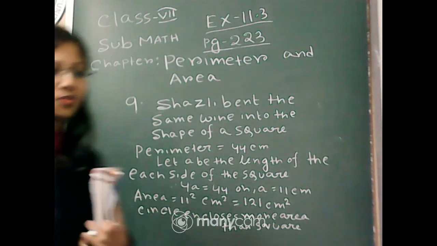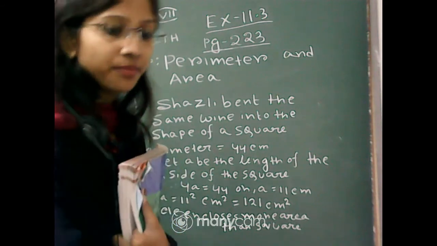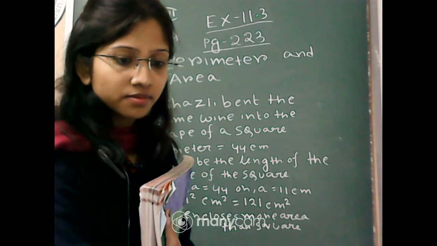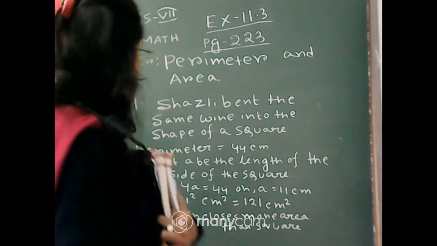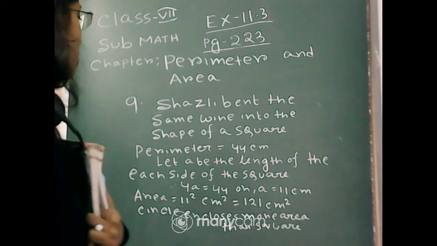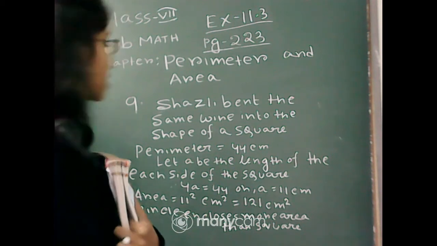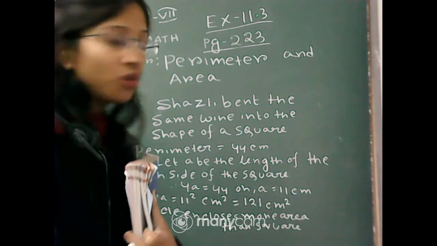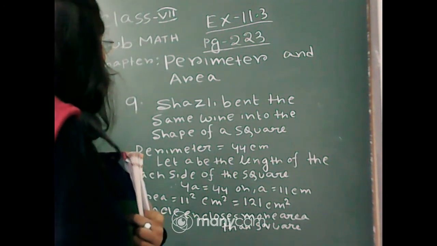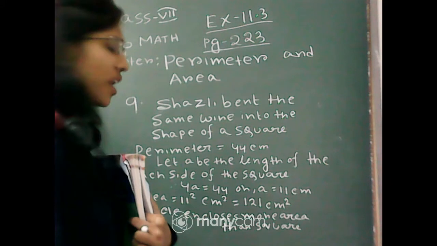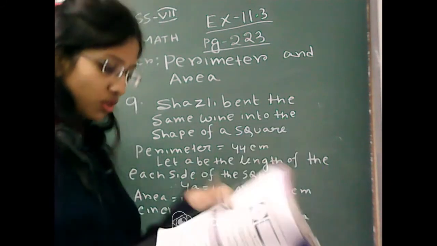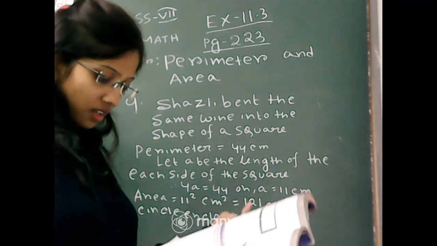Up to this portion, any problem, students? Therefore, circle encloses more area than square, since the area of the circle is 154 square cm and the area of the square is 121 square cm.